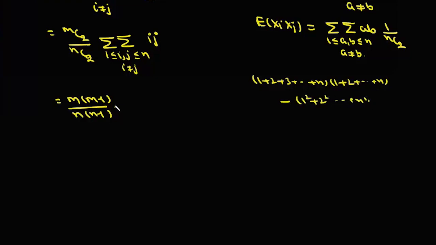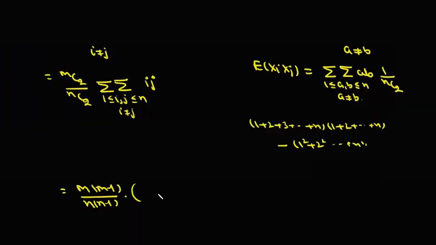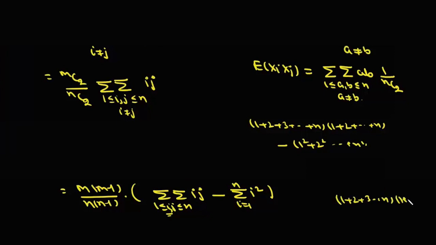So what we'll do is, we can actually write this as this summation ij, where i and j lie between 1 and n, minus summation i square. So from this we have taken out all those cases where i is equal to j, so it will be this summation i square where i varies from 1 to n. And the sum of i into j is basically 1 plus 2 plus 3 up to n into 1 plus 2 plus 3 up to n.